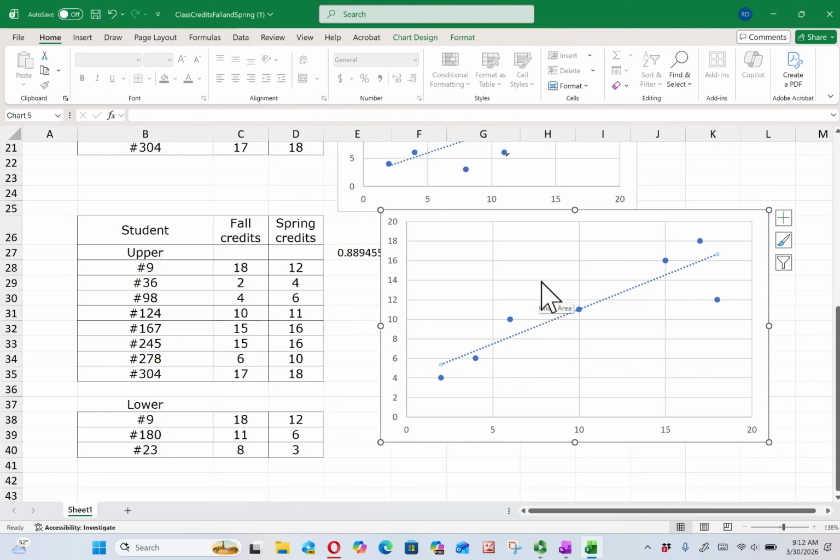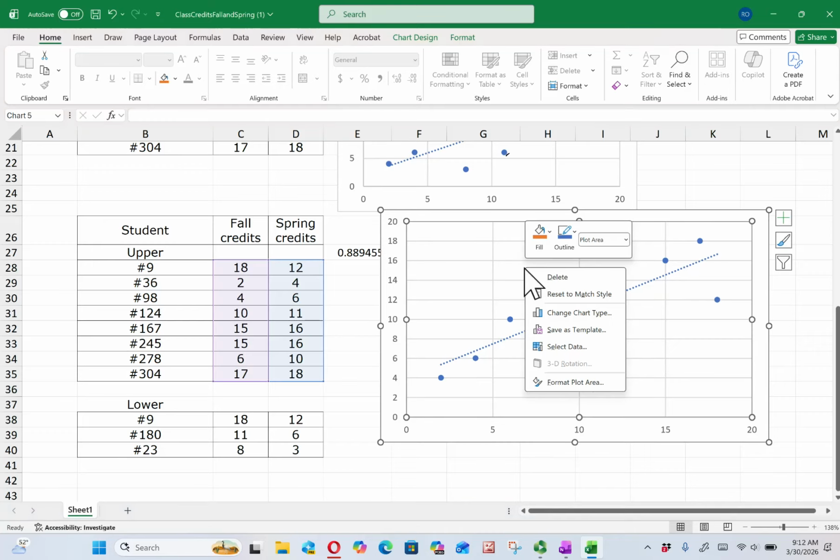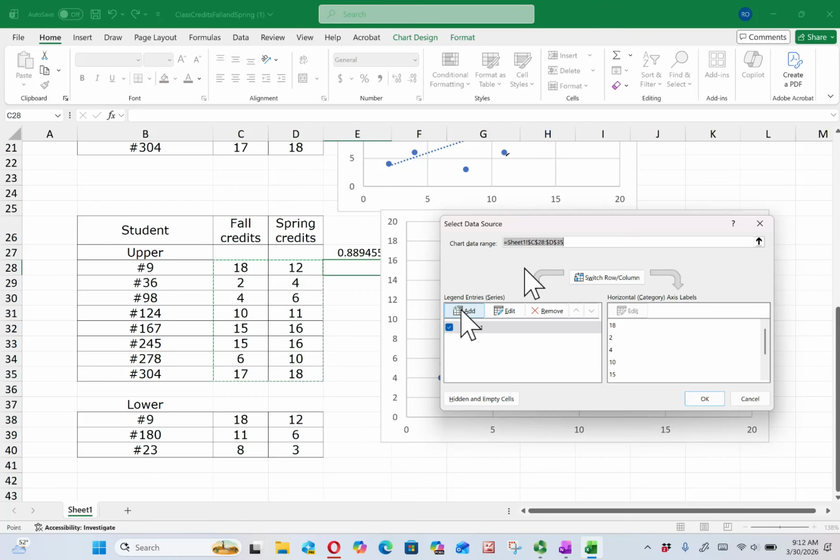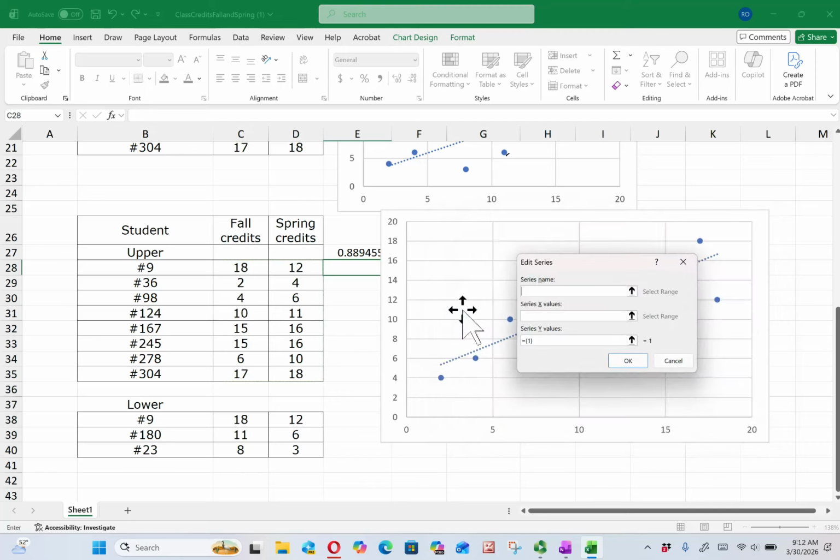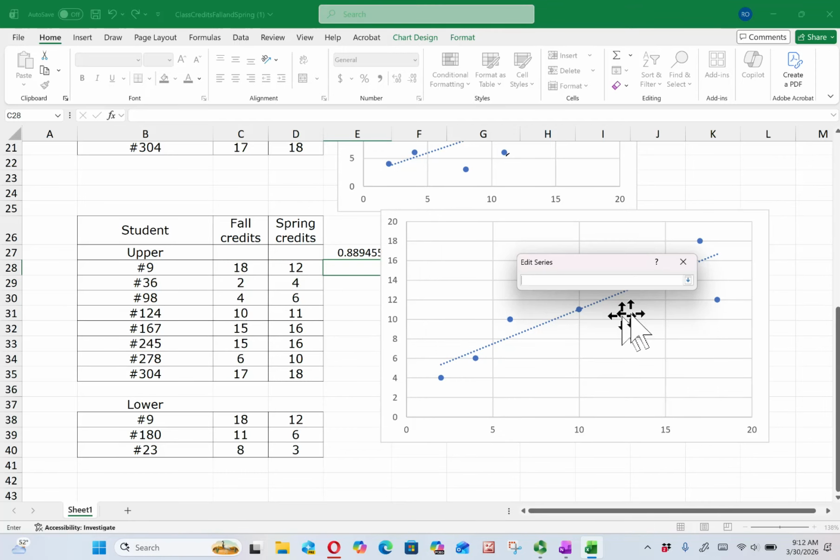Now I'm going to add the lower group to that. Add a series. And right-click in the graph, and you get a menu list, and select data is on there. Going to add, and we can label them or not. X values here.